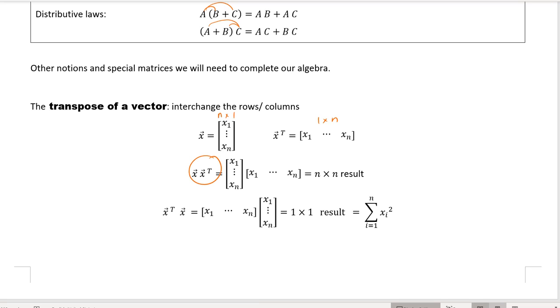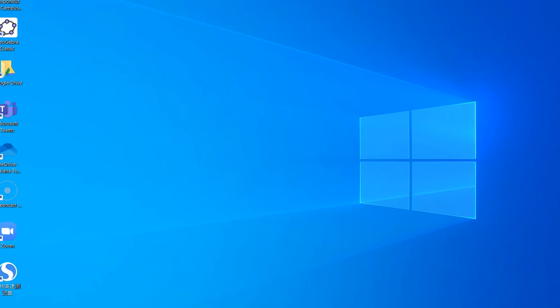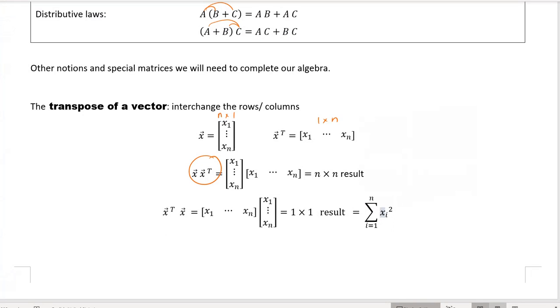Okay, what is X times X transpose? Well, X times X transpose, we use row.